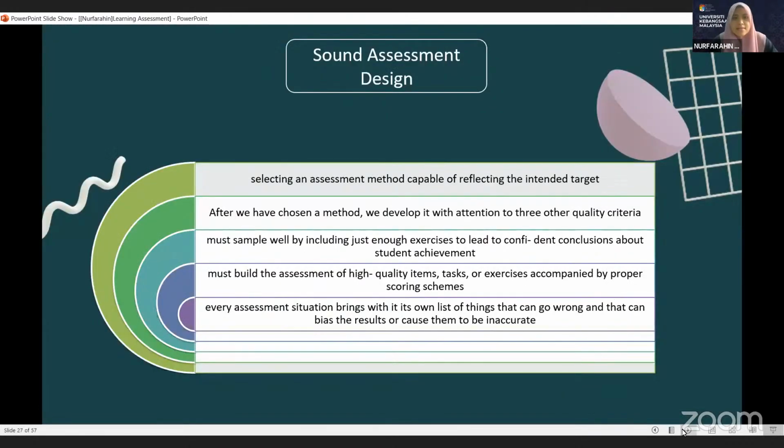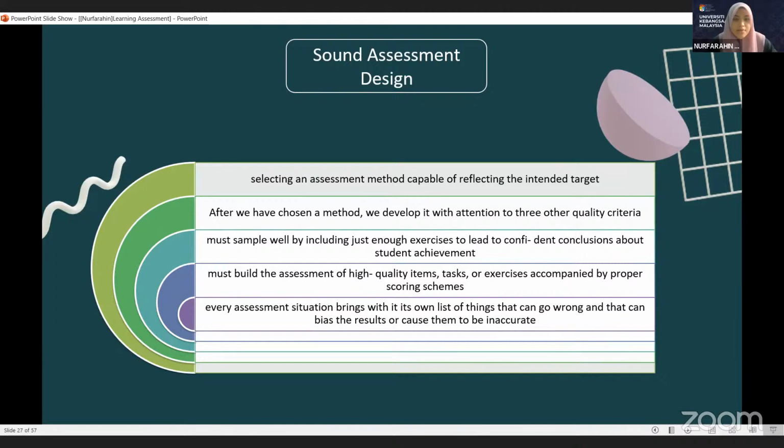Now this is, I would say, the third aspect of quality classroom assessment: to have a sound design. Selecting an assessment method should reflect the intended target, the one that we previously discussed. After we have chosen a method, we develop it with attention to three other quality criteria.